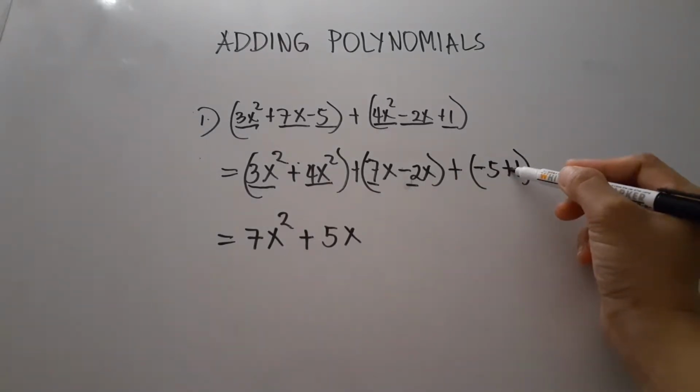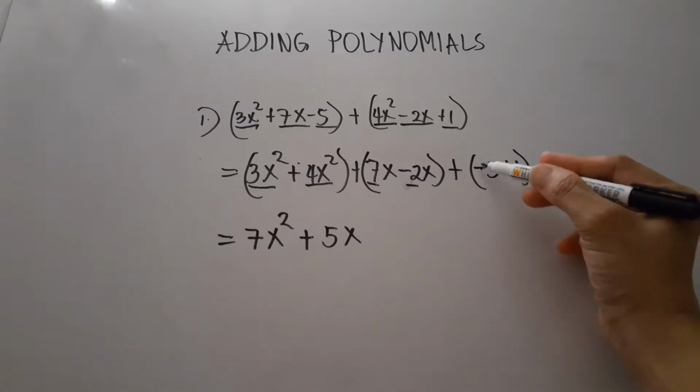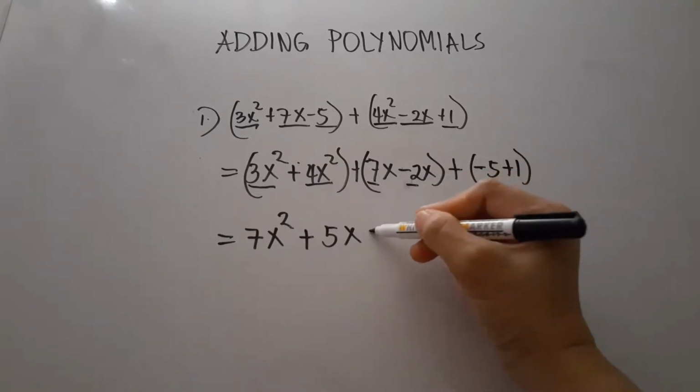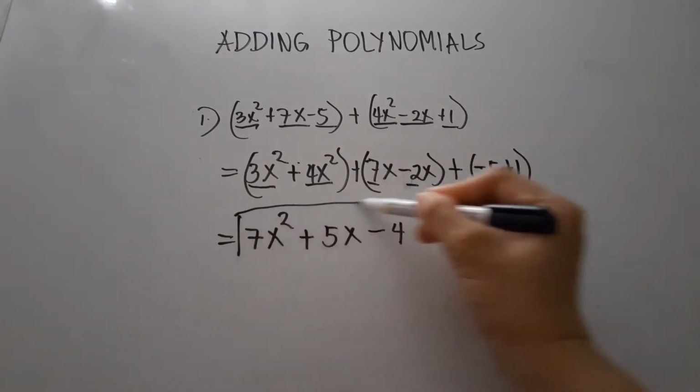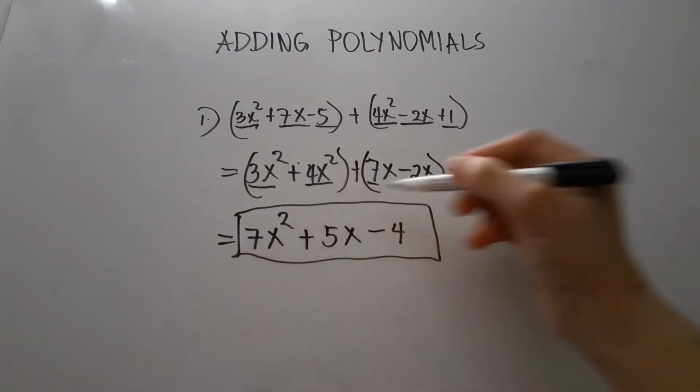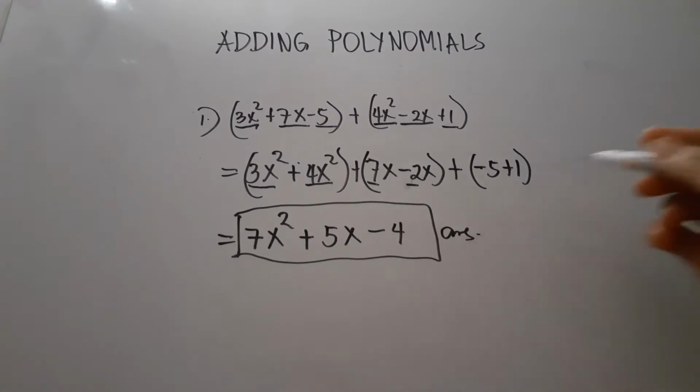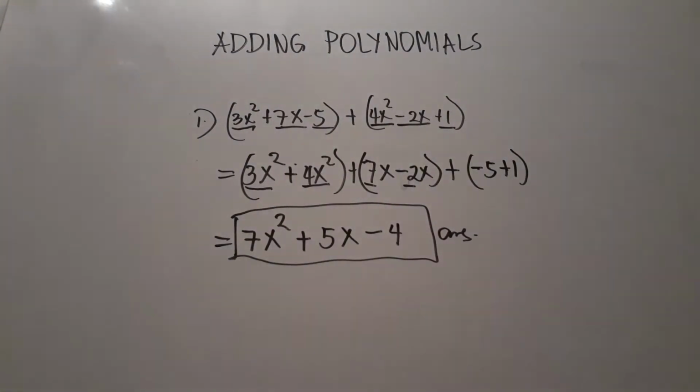Then negative, since negative 5 is the larger value, negative times positive becomes negative, so the answer is 7x squared positive 5x negative 4.